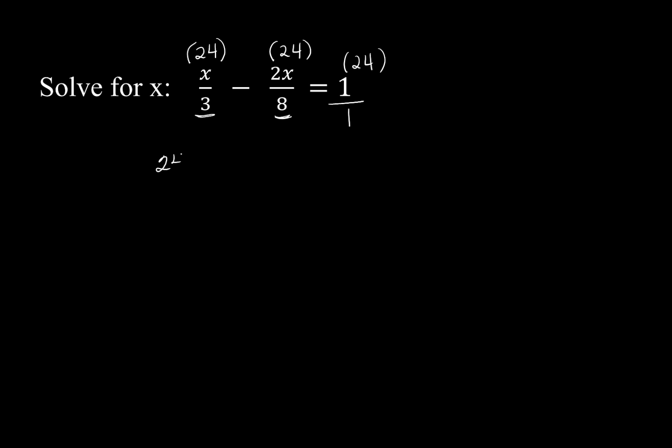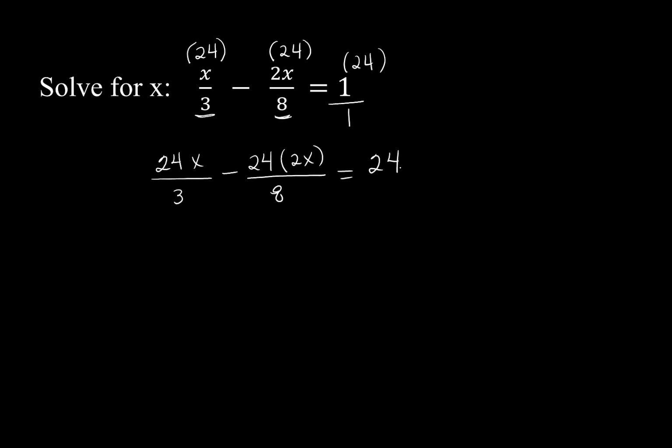This first one's going to be 24x over 3 minus 24. I'm going to just put that 2x in parentheses. I'm not going to multiply it yet. Over 8 equals, we can just do 1 times 24, and we don't have to put the denominator back.